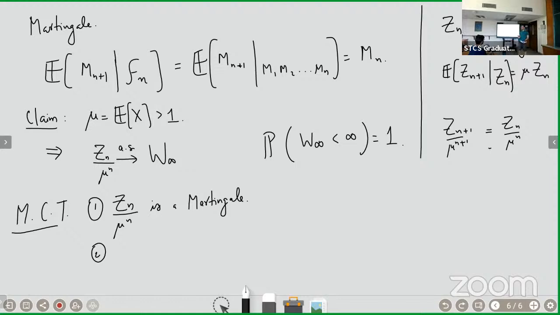To understand the meaning, I will write down: is Z_n by mu to the power n? Mu is a number greater than 1. Very important thing. So if mu is less than 1, it will go over to infinity. So, what kind of process is Z_n by mu to the n? Does it remain bounded, in some sense?